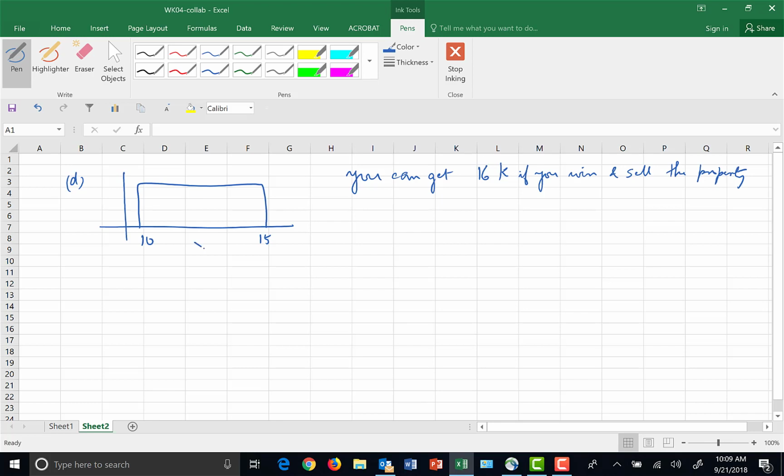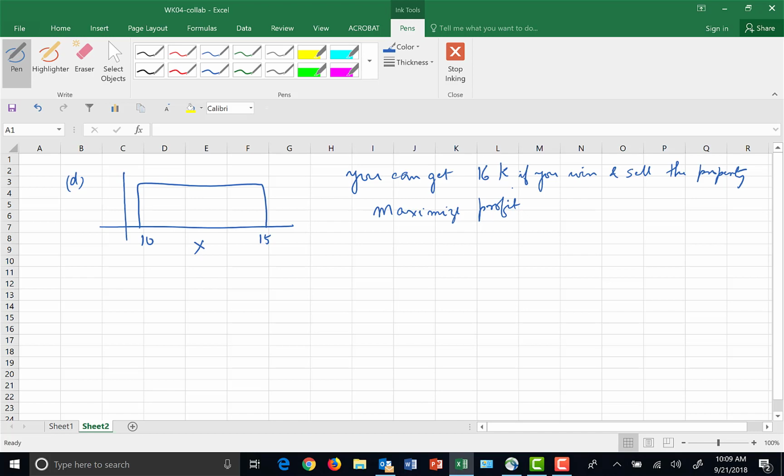Okay, so the question says, how much should you be willing to bid in order to maximize your profit? So how much should you bid?